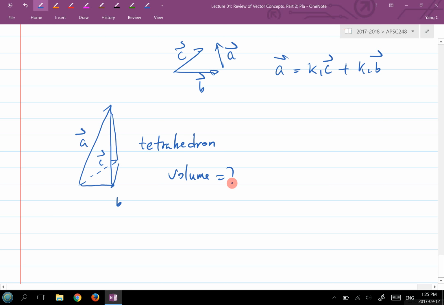Somebody said the right number: 1/6. That's right. It's actually 1/6 of the previous answer. And I want you to show for yourself how it is 1/6.